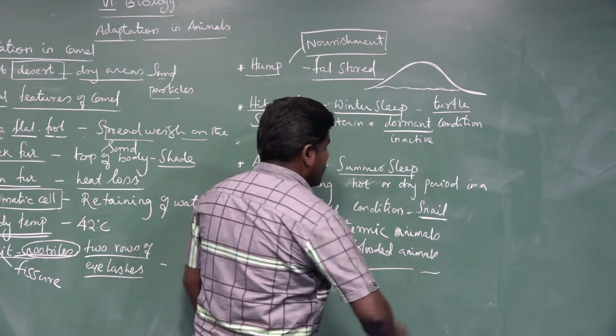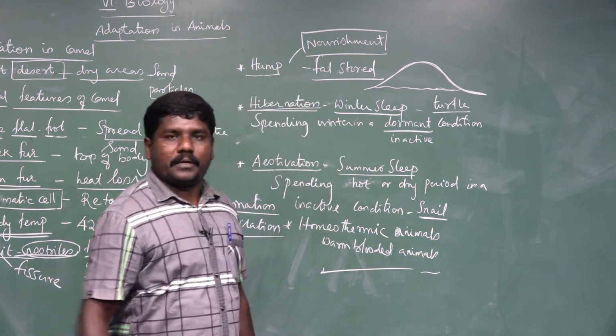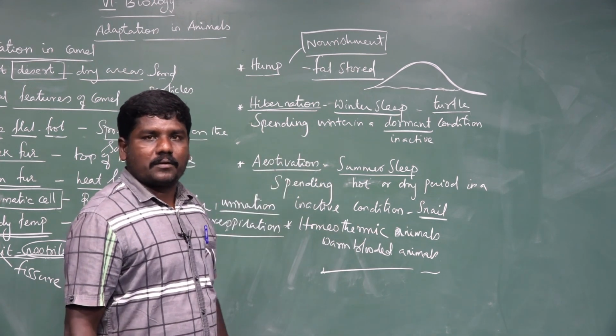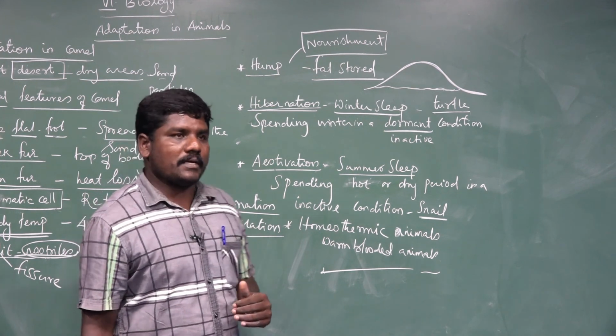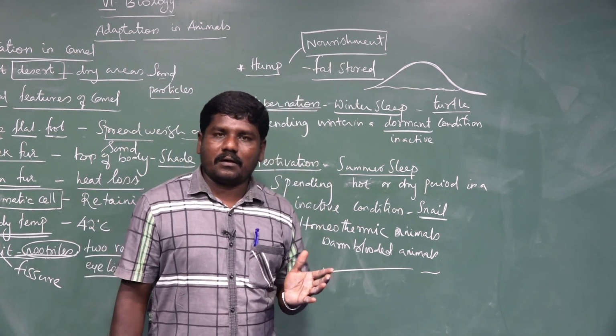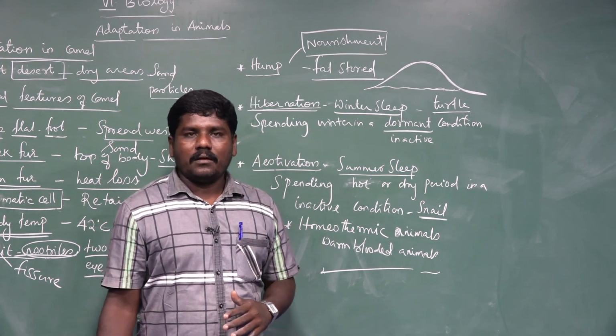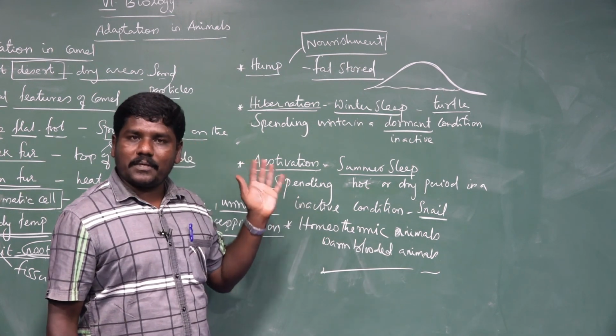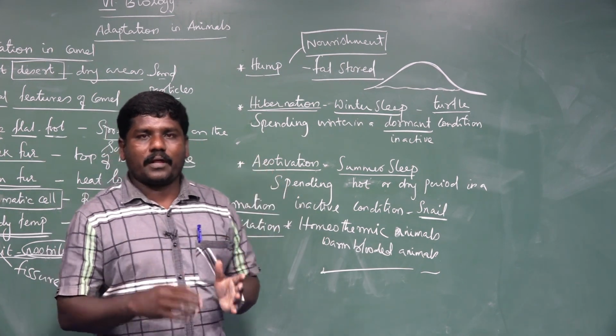So the first lesson is complete, the world of animals lesson. In this lesson we covered biodiversity, unicellular and multicellular organisms, and then adaptation in animals.